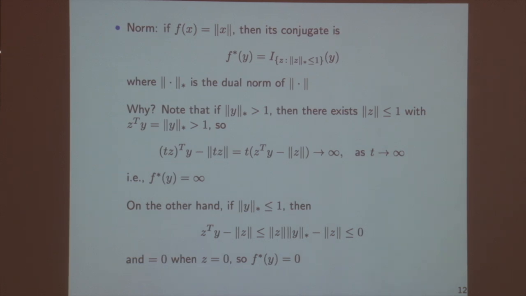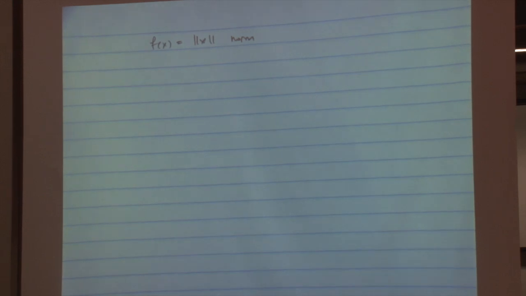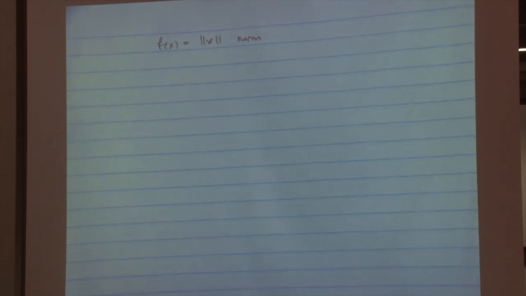So how about a norm? If I were to tell you that I had f of x equals just some arbitrary norm, say the L2 norm for concreteness, then its conjugate is the indicator function of its dual norm ball. It's kind of a mouthful, but it's something that I don't think is too hard to remember.